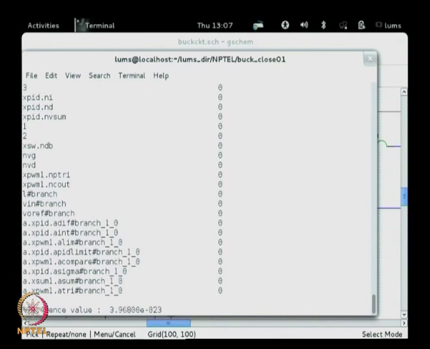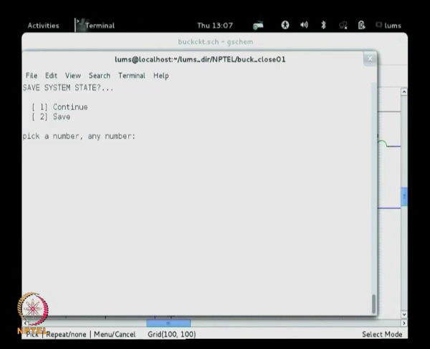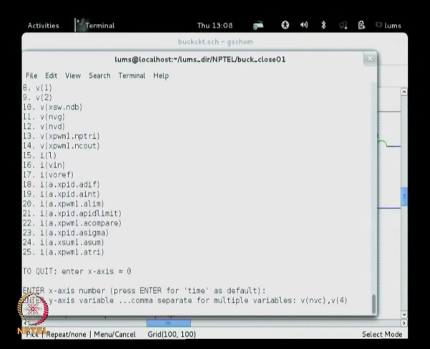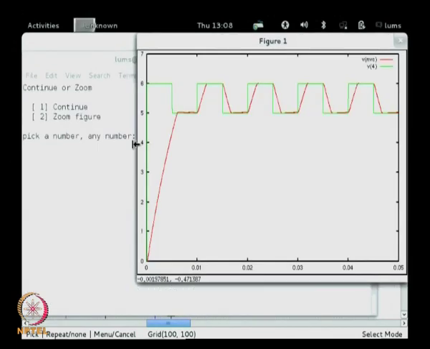It will give you the waveform and let us view the same waveforms. You see, because we have increased Kp, the dynamic response has improved and it is able to go within that pulse period itself up to its stable point, comes back to the stable point, and so on.